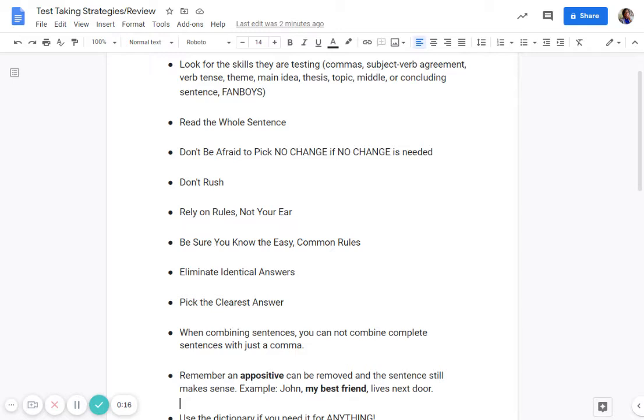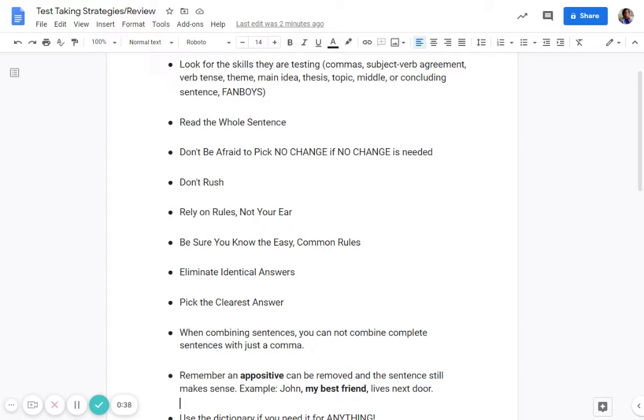The first bullet point, look for the skills they are testing, okay? When you're presented with a question, see what it is they're trying to test. Are they trying to see if you know how to use commas? Are they trying to see if you know subject verb agreement, verb tense, if you know how to find the theme, the main idea?